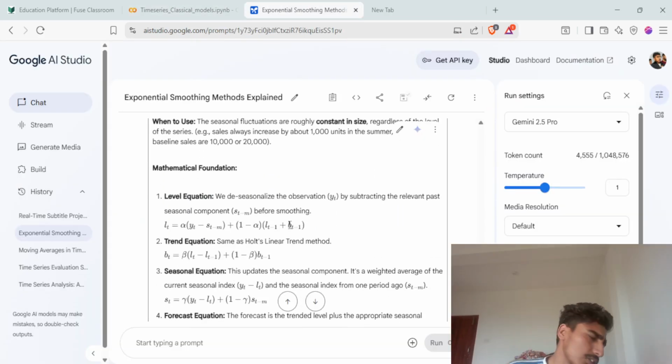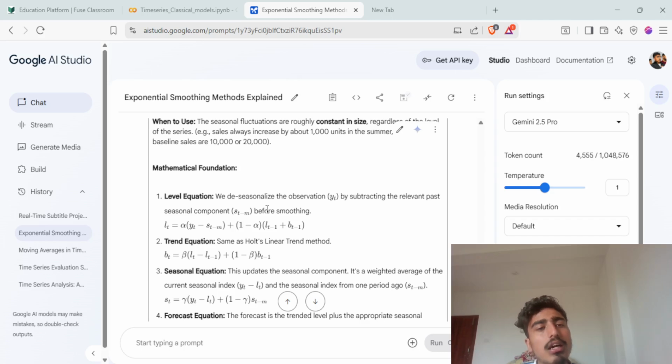The mathematical expression is not that complex, let's understand. For the level equation, we deseasonalize, meaning firstly we remove the seasonality and derive the level equation.